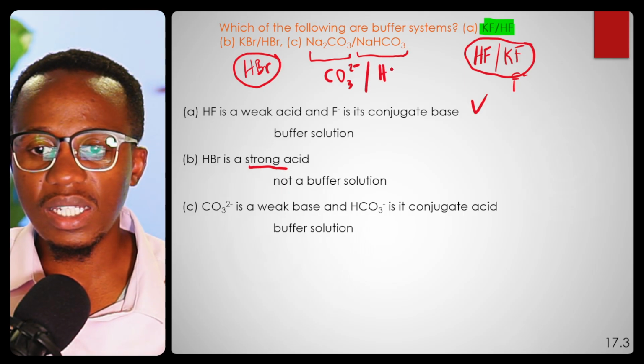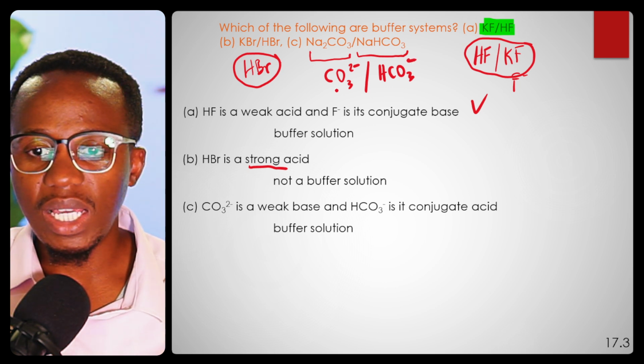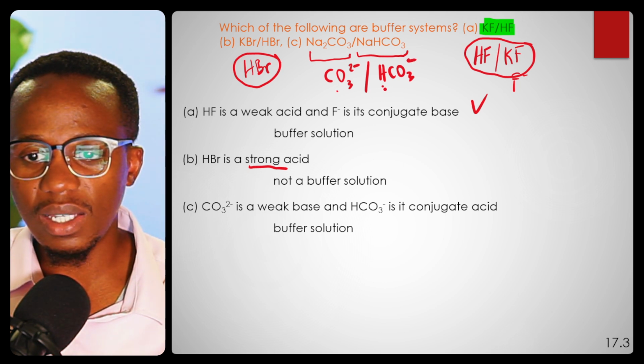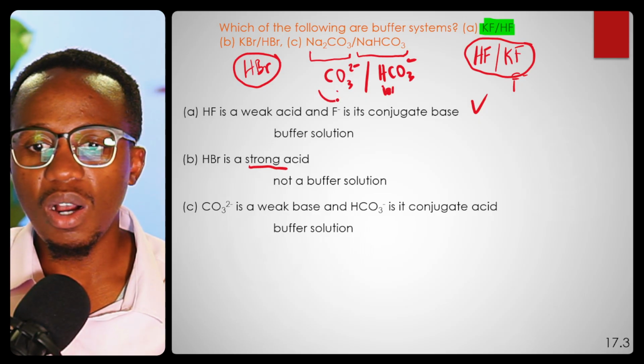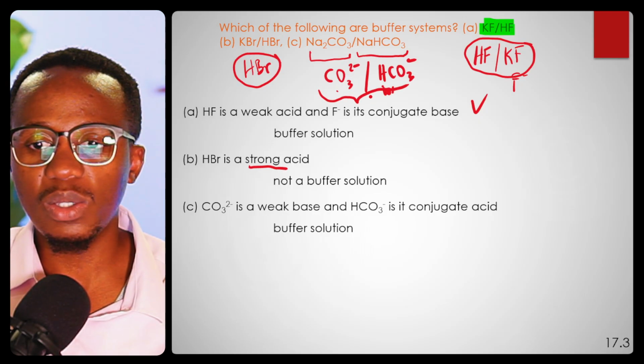And then it's HCO3 minus, right? Now these two, right, one is a weak acid, the other one is a conjugate base, right? So these two are a good buffer pair as well, right?